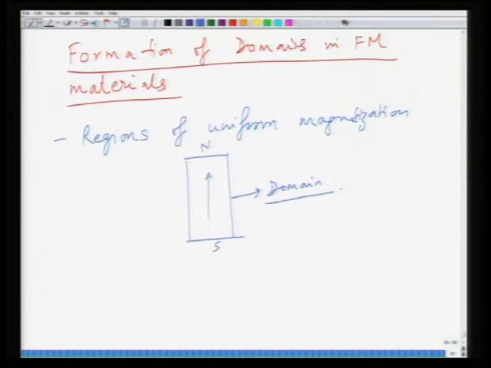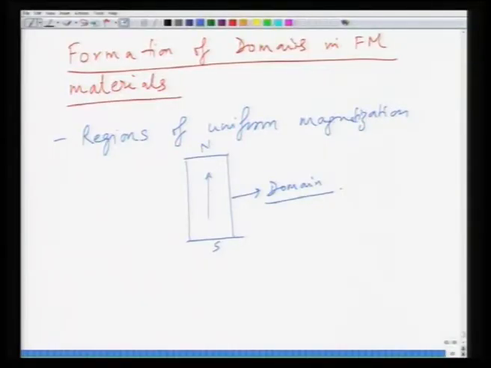So, just like in ferroelectric material, although the reasons here are different, again it is energetics. Now, in this monodomain state, Hund's rule allows the spins to be aligned in one direction, and all these atomic spins are also aligned in one direction. They of course obey Pauli's exclusion rule, but there is a term called exchange energy, which, without violating Pauli's exclusion rule, allows all these spins in one direction, that is called the spin up direction.